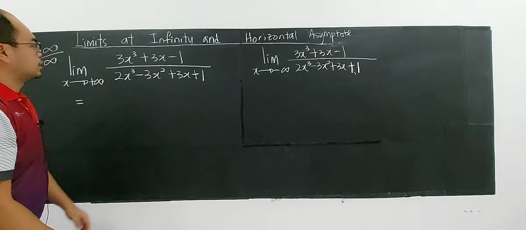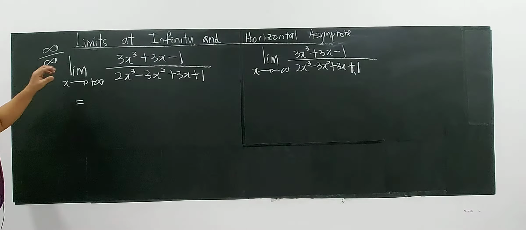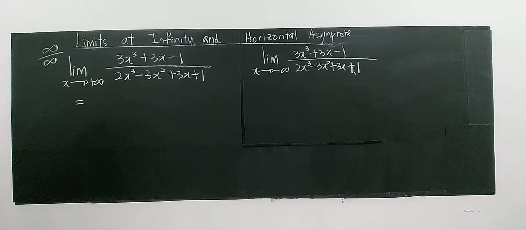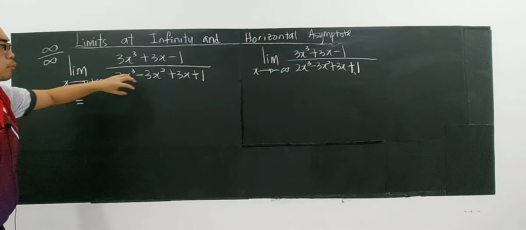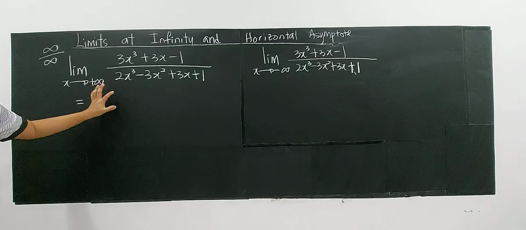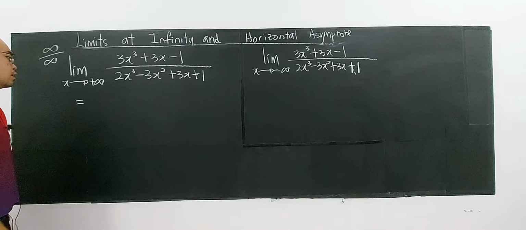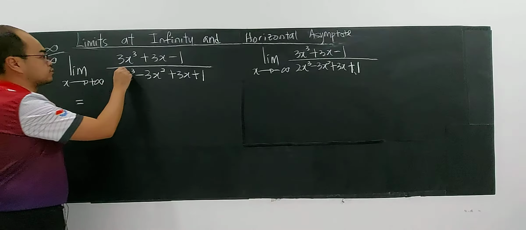If this one is a very big number and this one is also a very big number, what value will this function approach? That value will be the horizontal asymptote. You have to understand this, but to evaluate this one is very simple.